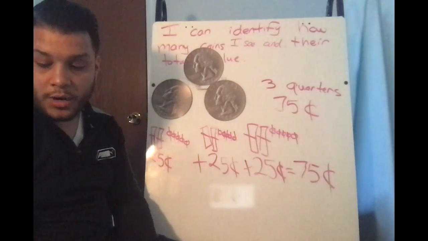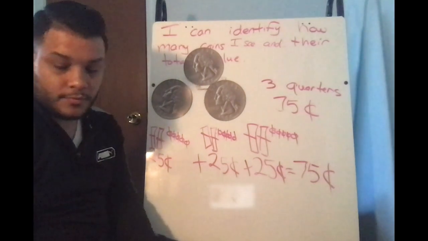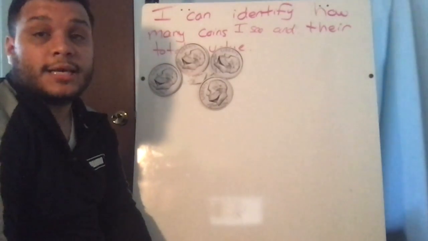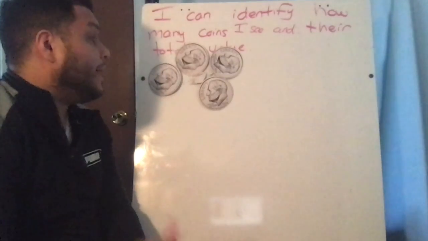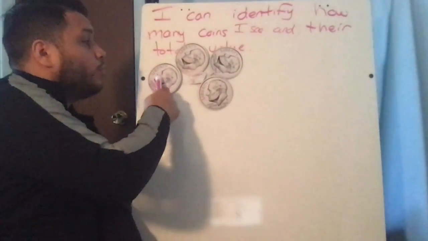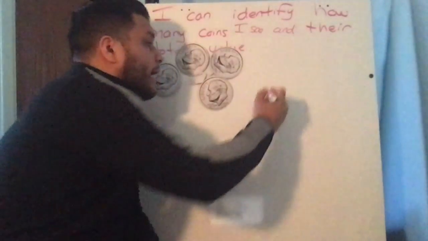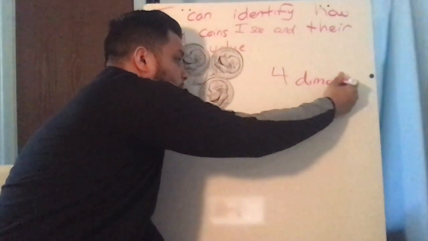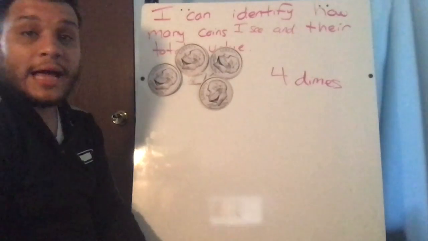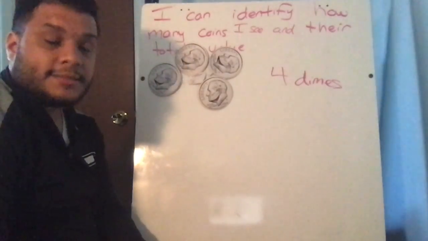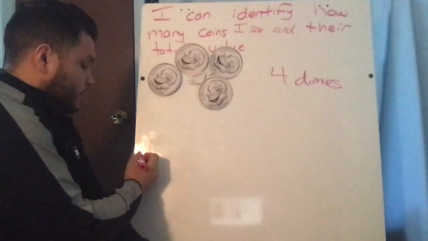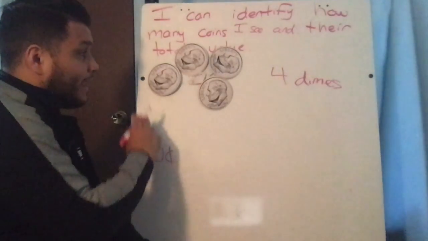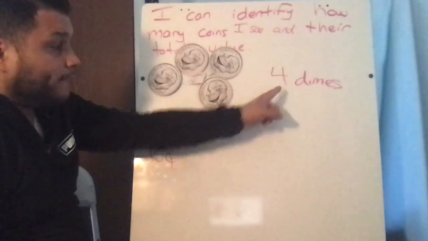We're going to do one more example with our dimes. I want to identify what coin this is. This is my dime. How many dimes do I have? 1, 2, 3, 4. I have 4 dimes. A dime is worth how many cents? Yes, 10 cents. So I'm going to put 10 cents here. And I got to do this how many times? 4 times.